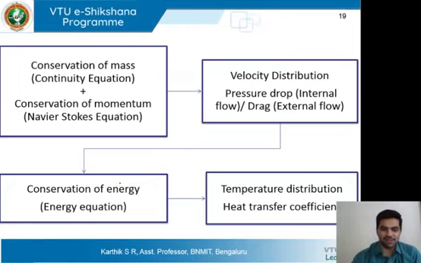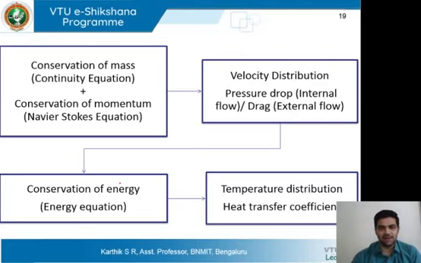What you will get from these two equations when you solve them is a velocity distribution, and a pressure drop if it is an internal flow problem, or drag force if it is an external flow problem. Then when we couple this velocity distribution with conservation of energy, you will obtain the final temperature distribution and the heat transfer coefficient, which is the solution for our forced convective heat transfer problem.